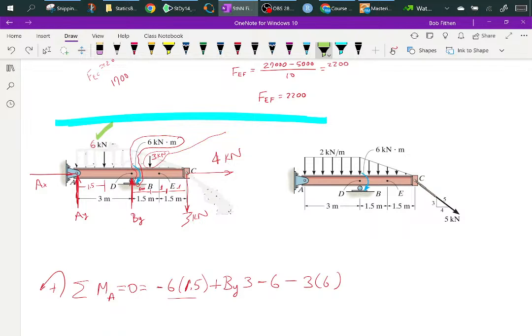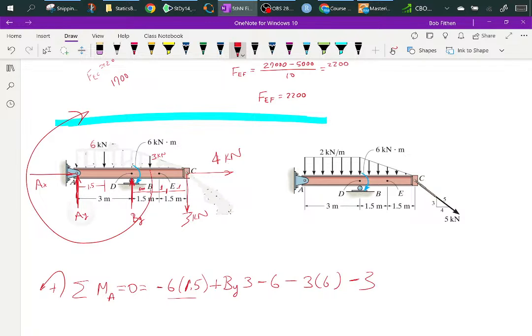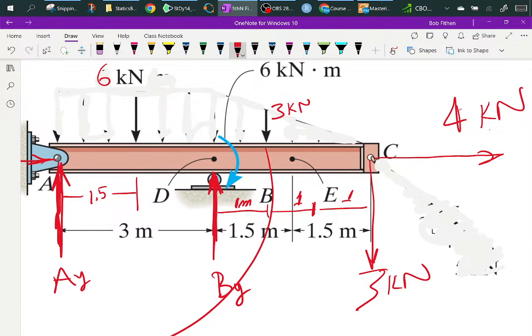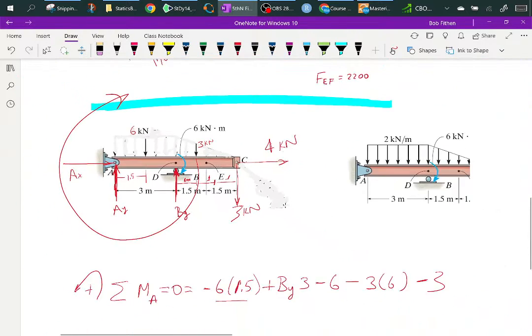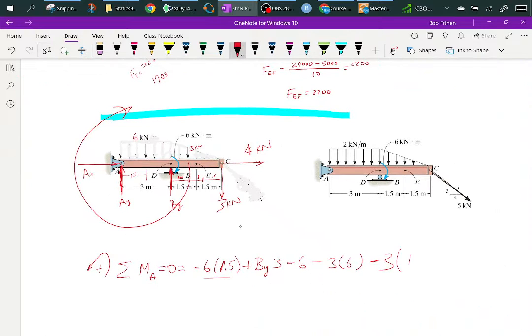I didn't forget it on purpose, but okay, first of all, the 3, this one's going this way, which is another minus, and it's 3 times, this time, that 3 is 1 meter, and then 3, and it gives me 4. Okay, so it's a 4 meters over.